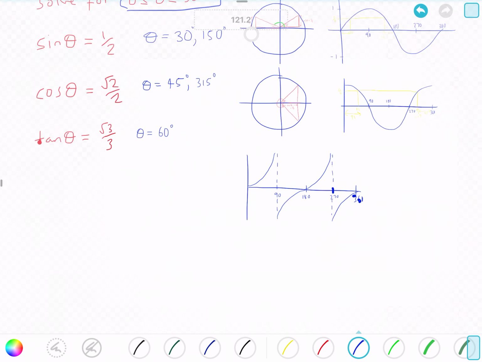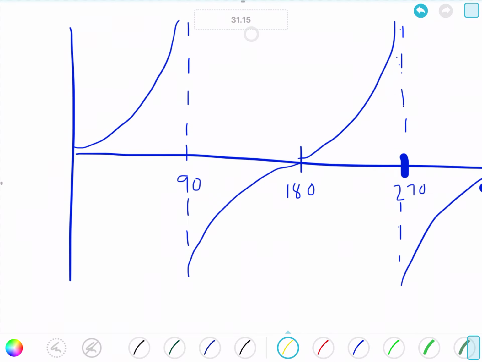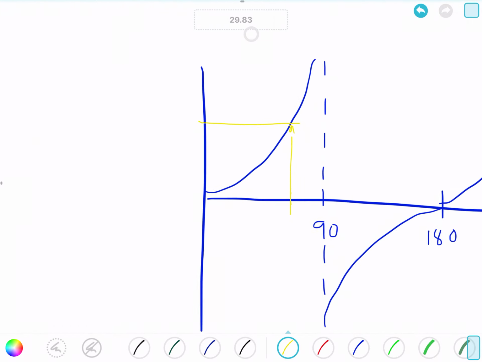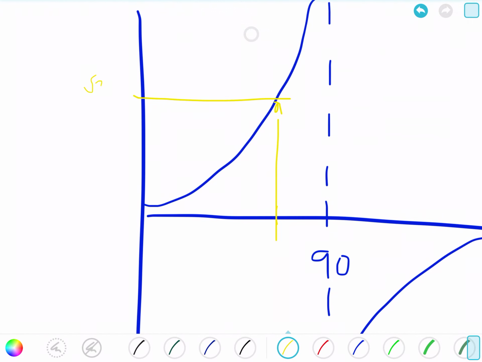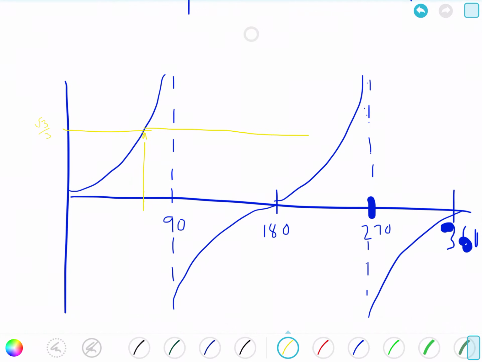So what did the question say? Oh yeah, theta is 60. So that means theta is about here, isn't it? And it gives us this value, which I think was root 3 over 3. And that also crops up here.